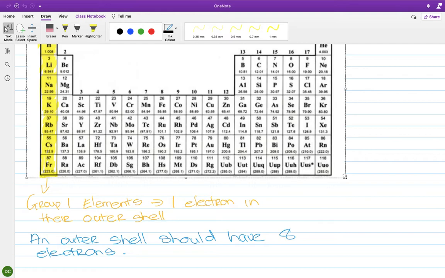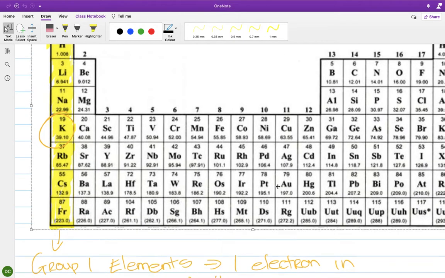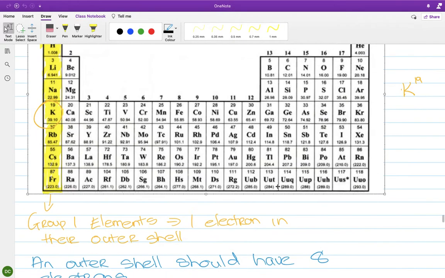Let's have a look. I don't want to do a crazy one, so we'll do potassium. Potassium's numbers are 19 and 39. You can just round these, just make sure you round them properly.